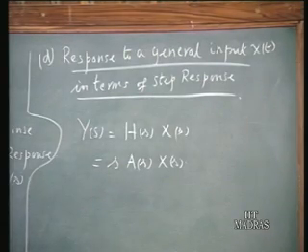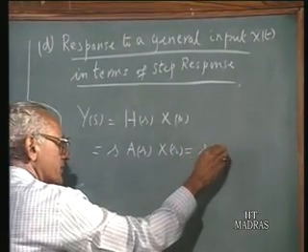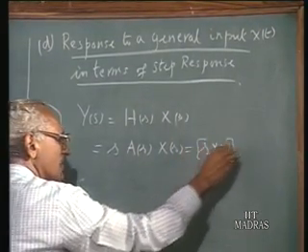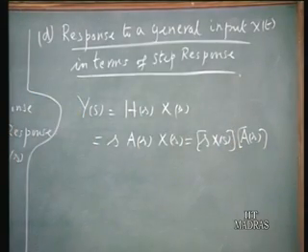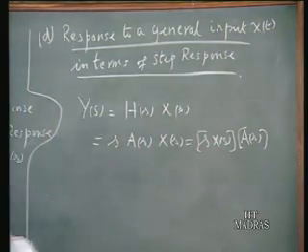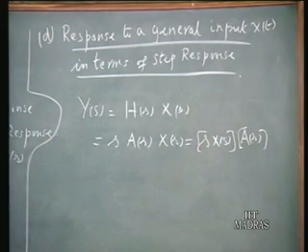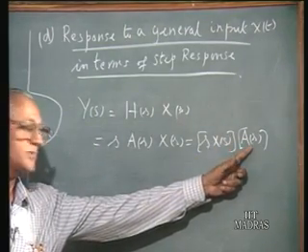That's what we are having. I can write this as s times X(s) times A(s). Now Y(s) therefore is the product of two Laplace transforms, s times X(s) and A(s). The time function corresponding to A(s) is the indicial response a(t).